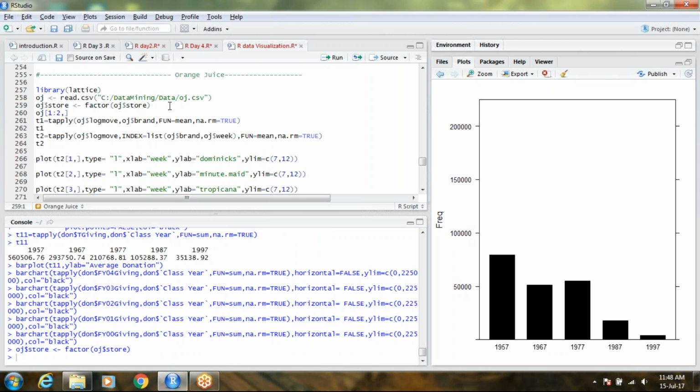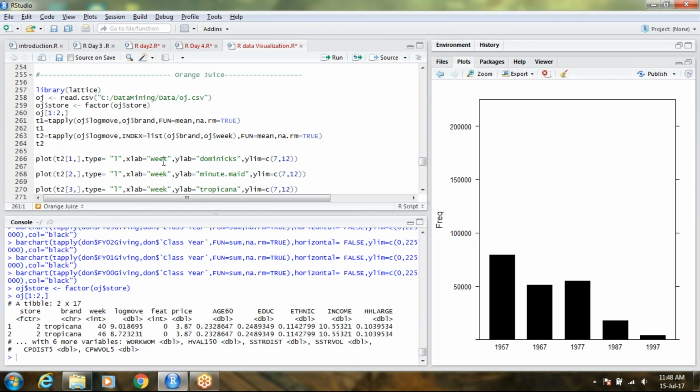I've made a factor of all the stores and stored it in the store variable of orange juice. I've selected only the first two columns, and there I have all these variables that we have already worked with.